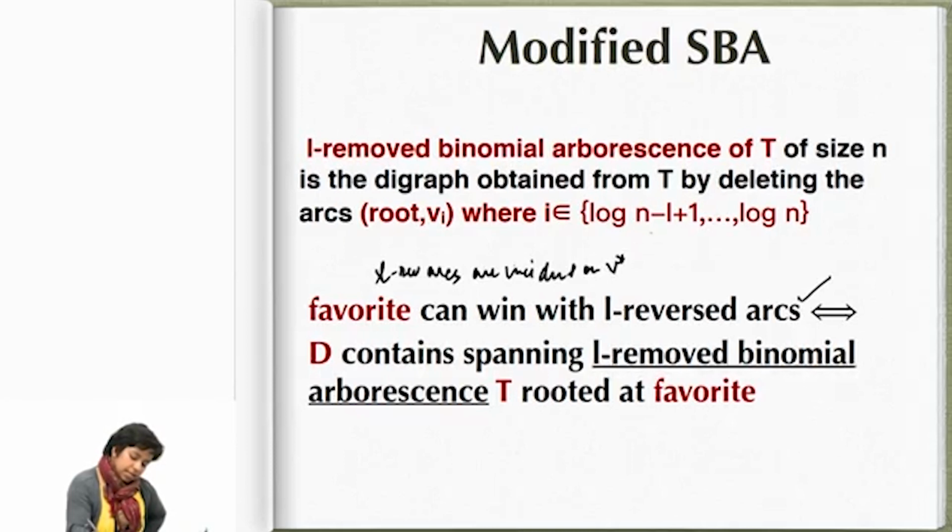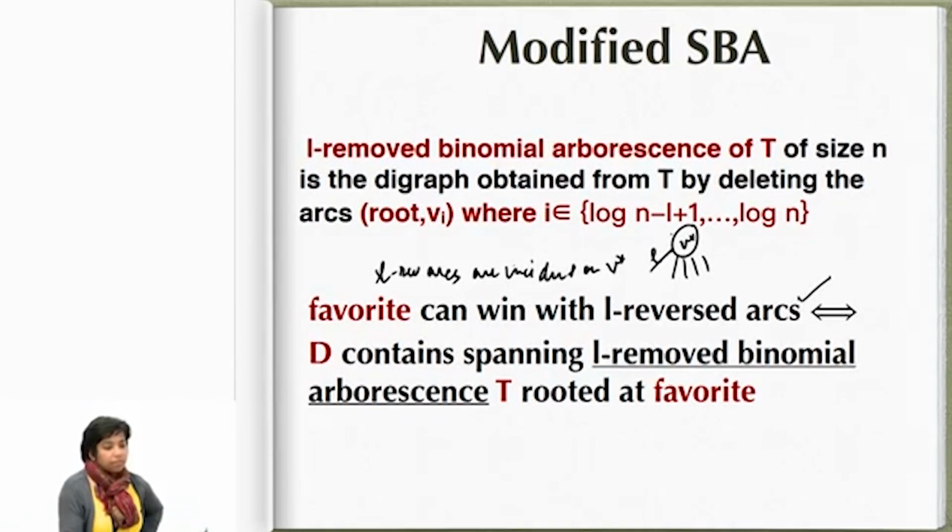So V star is the root and you have these L arcs, but it does not tell me which L arcs. It could be the first, it could be the 10th, any L arcs could be reversed, right?